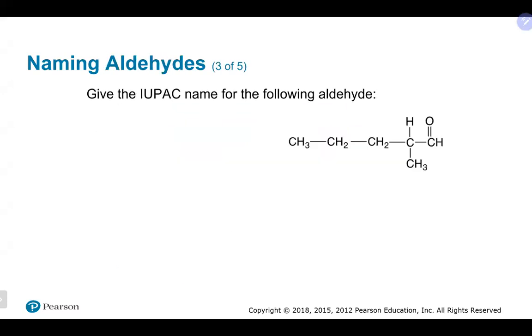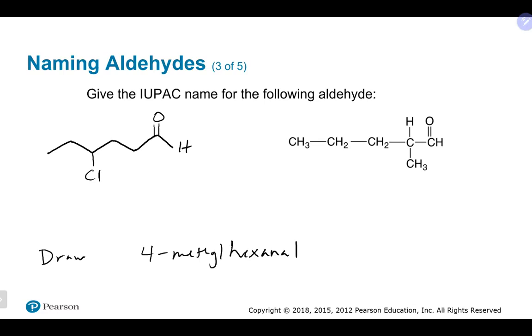All right, so why don't we try some here? Let's name this aldehyde. Let's also name this aldehyde. All right, let's take a look. So remember, we want the longest carbon chain that contains the functional group. So that is a 1, 2, 3, 4, 5. And obviously this is our functional group, which is the aldehyde group there at the end.